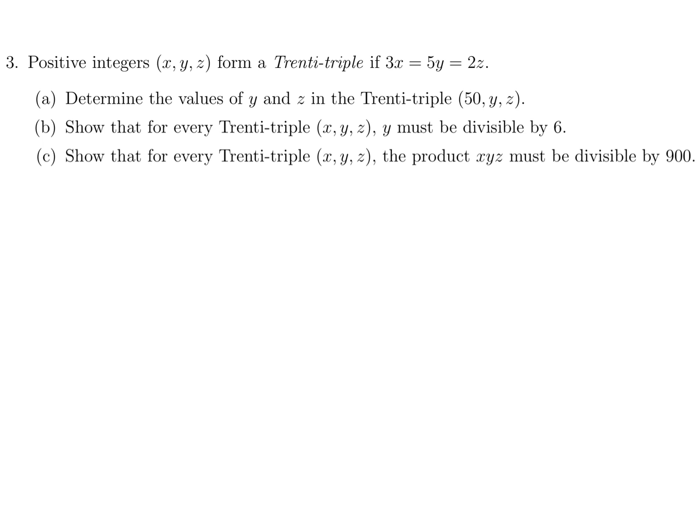Positive integers x, y, z form a Trenti triple if 3x is equal to 5y is equal to 2z. Determine the values of y and z in the Trenti triple 50, y, z. So, according to this very important equations, 3x is equal to 5y. So 3 times 50 in this case, x is 50, is 5y.